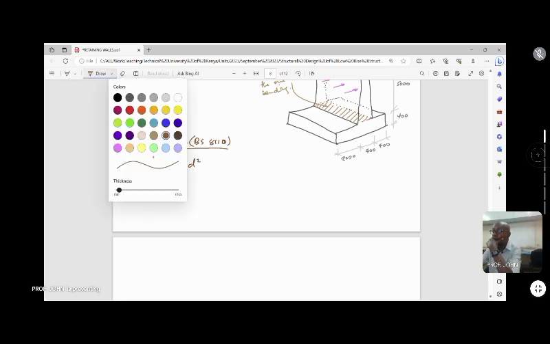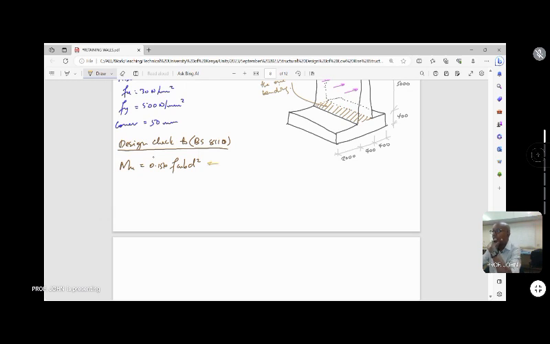Now, this term, just to remind you, because you've done reinforced concrete design, is the internal moment of resistance of the concrete section in compression.